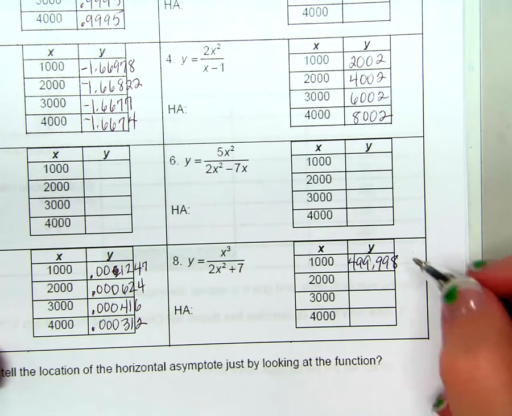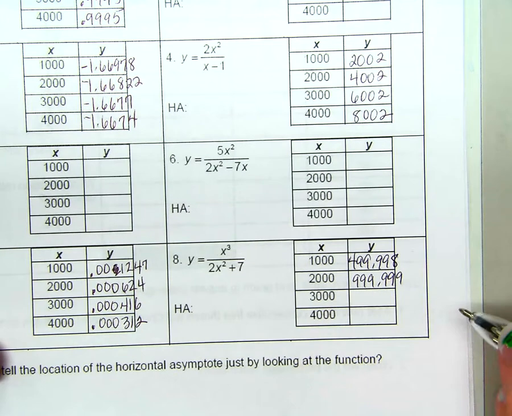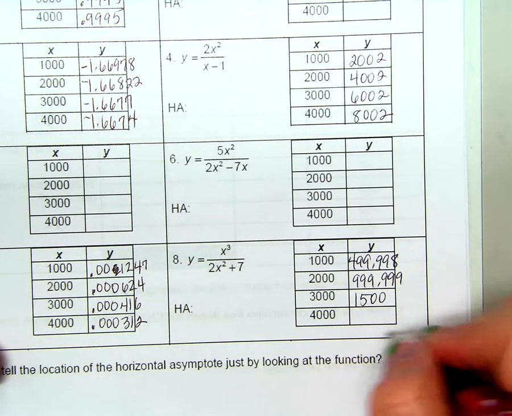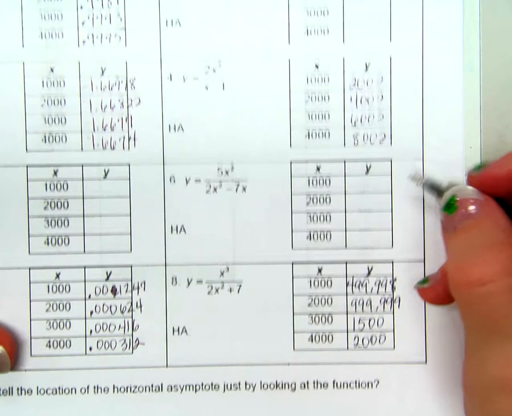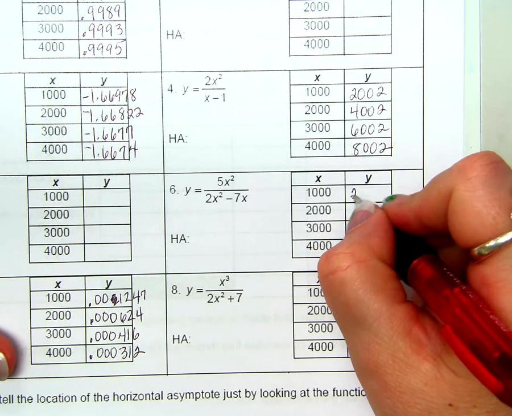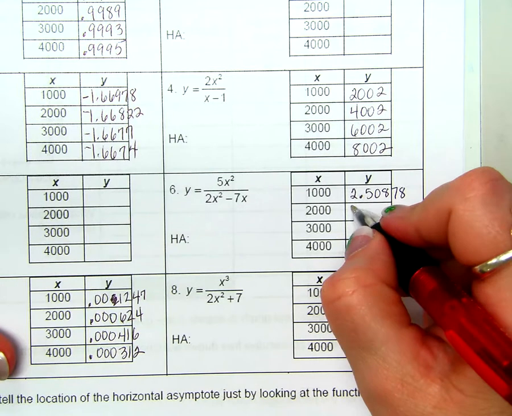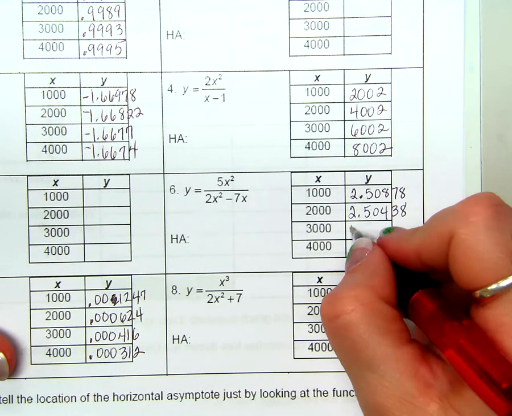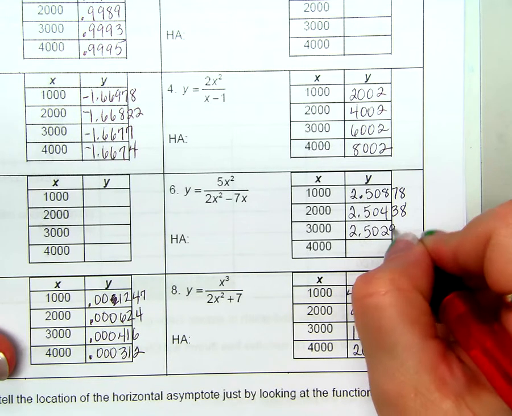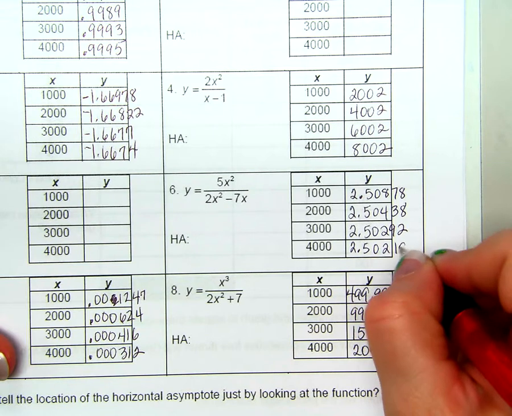Okay. Uh-huh. Okay. 2000. Okay. 6? Read me number 6. Good. Good. 292. Excellent.